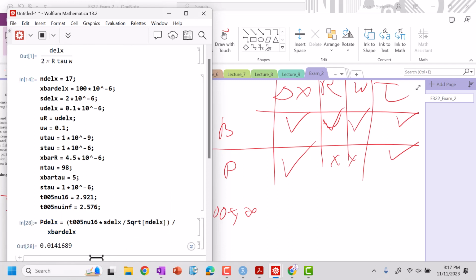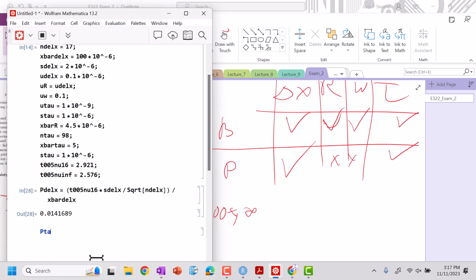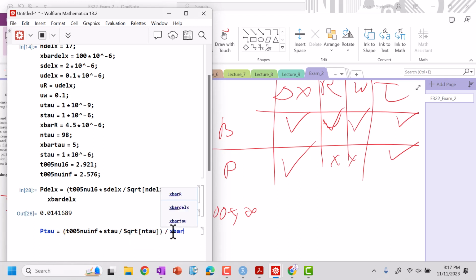Good. We also have precision error P tau, which is going to be equal to T 0.005 infinity times S tau divided by square root of n tau, and then all of this divided by x bar tau.